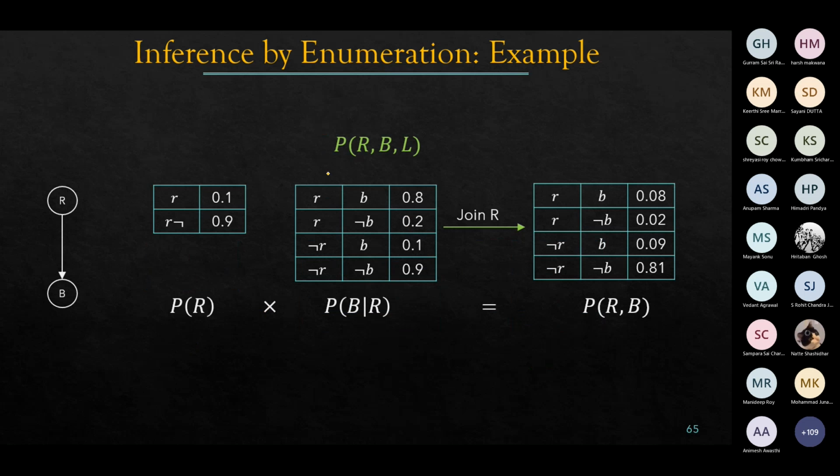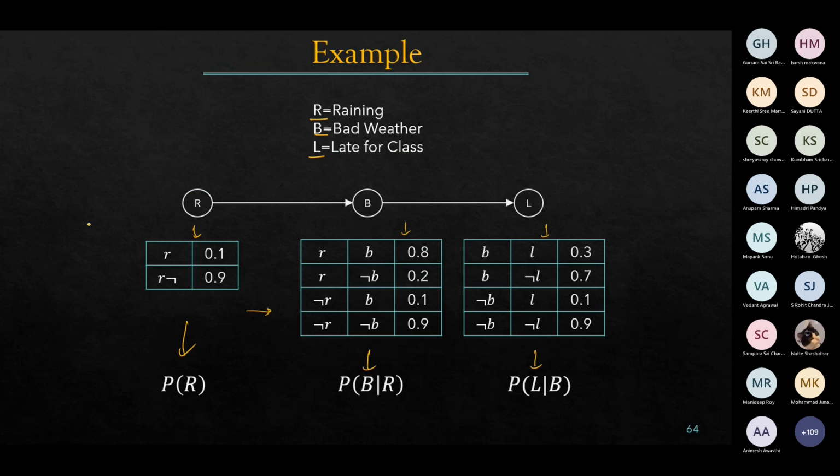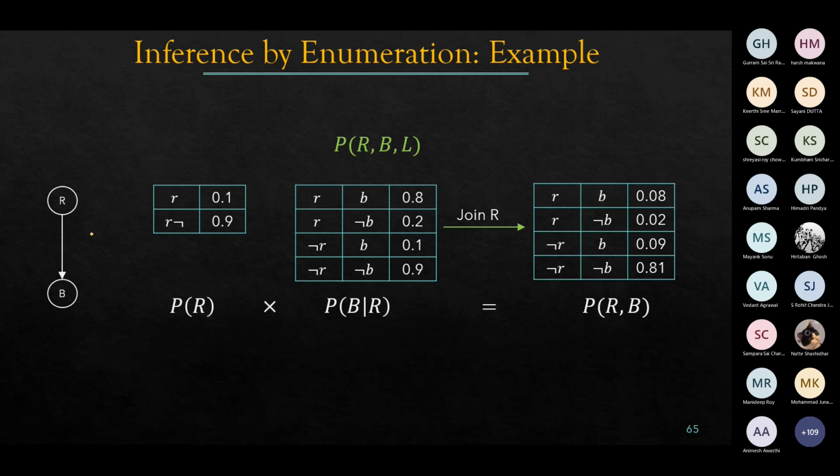Now let us first illustrate the idea of inference by enumeration. The first thing that we'll do is look at this particular structure, the R and B given R relation.